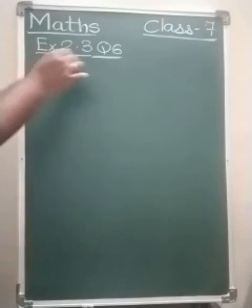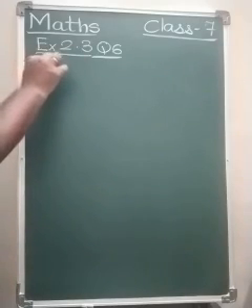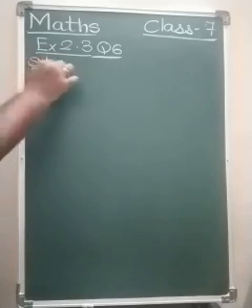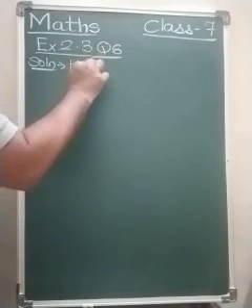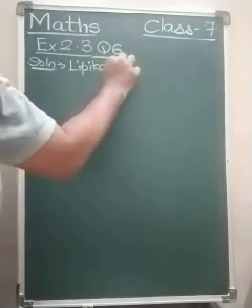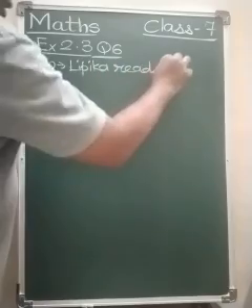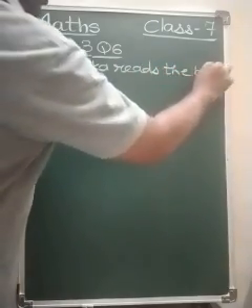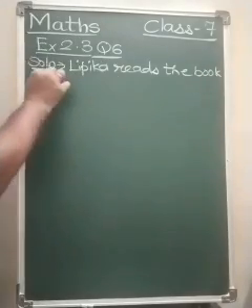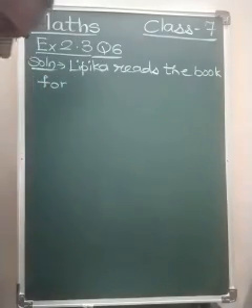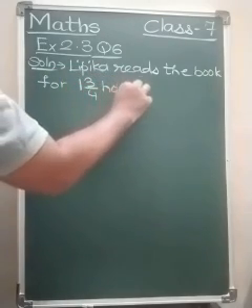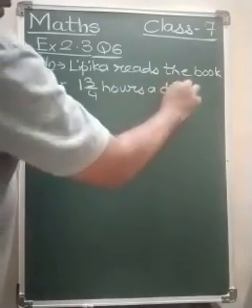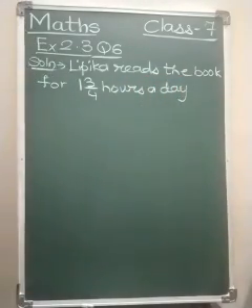So, here question number 6, we will write down the solution and we will write down the information. What is the information? Lipika reads the book for 1 3 upon 4 hours a day.